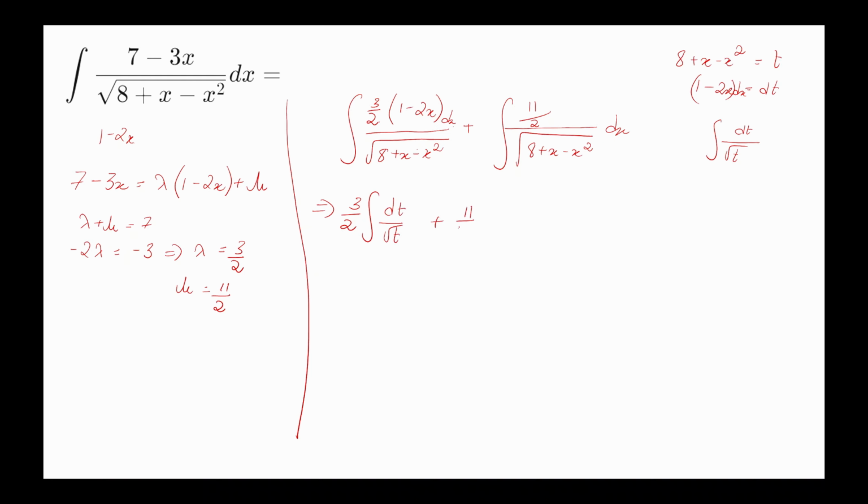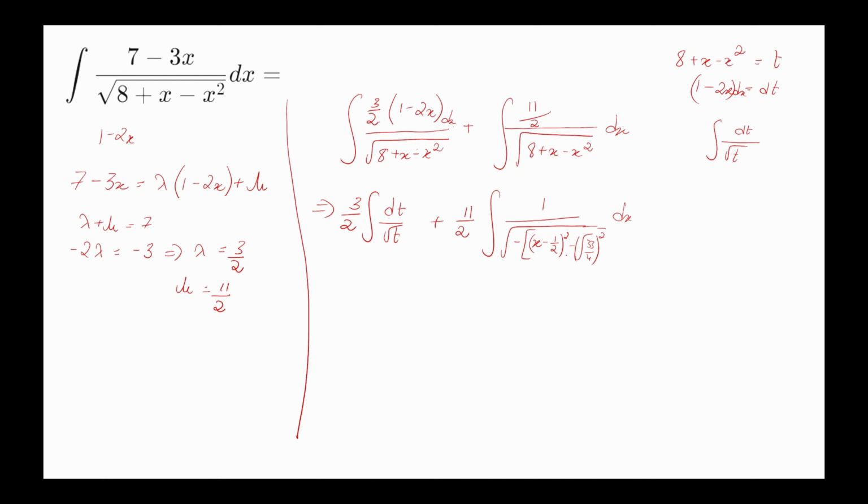And here I'll take 11 by 2 common, and inside I can take minus common for a moment. And this would become (x minus half) whole square plus, sorry, minus root under 33 by 4 whole square. So here I have x square minus a square.